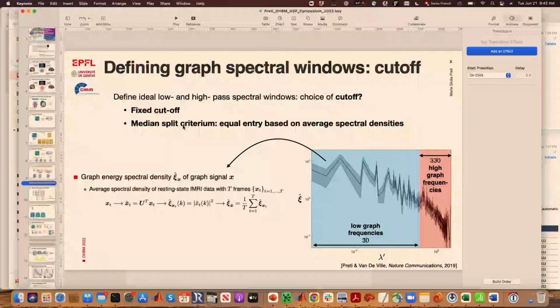And you see that the first ones, as expected, have much more energy. And indeed, if you split the spectrum into two, the cutoff is around 20, 30, depending on the data set. So it's very low. So basically, the first 30 harmonics explain the same energy as the last 330 in this case, because this example was on a 360 parcellation.